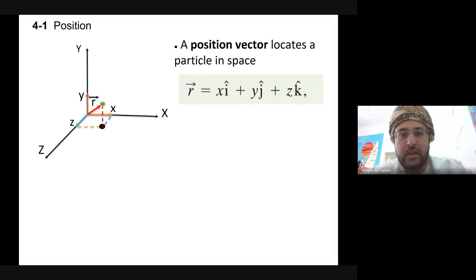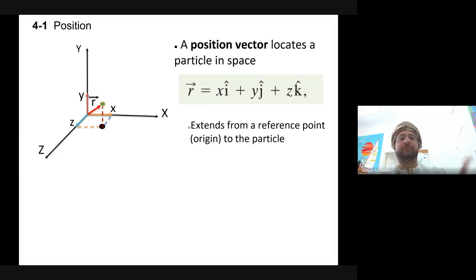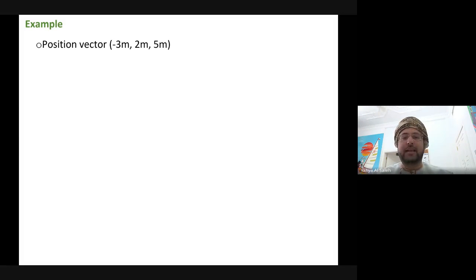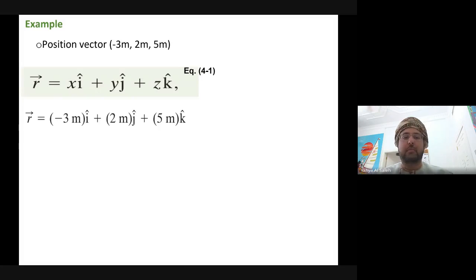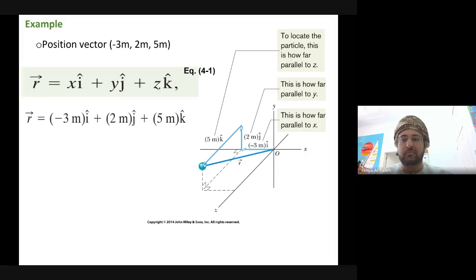So a position vector locates a particle in space. It extends from some reference point, usually the origin, 0, 0, 0, all the way to where the thing is. Example, position vector -3, 2, 5. That means I am -3 meters along the i-axis, plus 2 meters along j, and plus 5 meters along k.